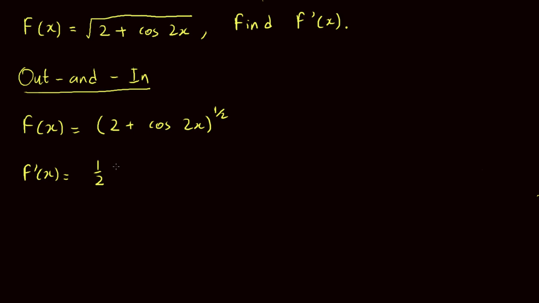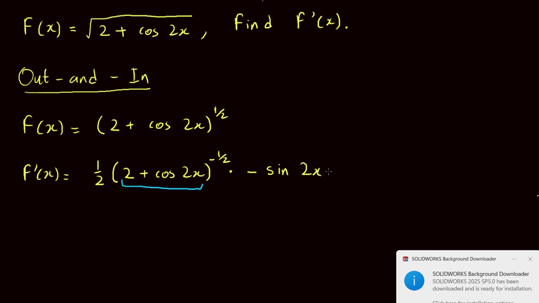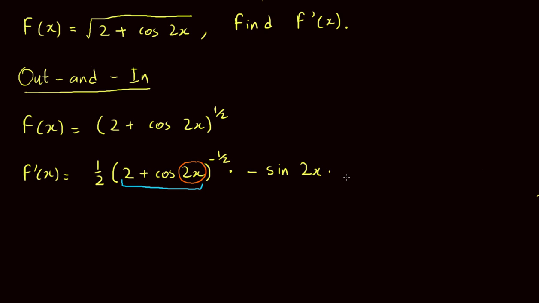It's half times 2 plus cosine of 2x to the power of negative half, multiplied by the derivative of the inside term. Differentiating it gives negative sine of 2x, but don't forget that we have the 2x, so we end up having a 2.